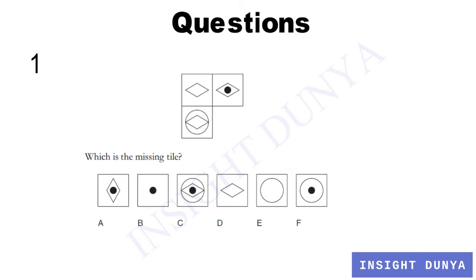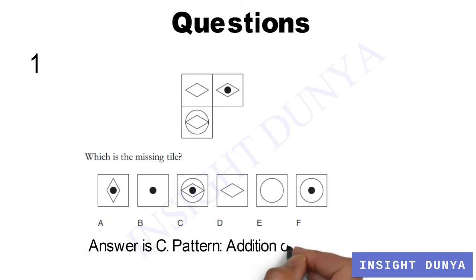So to find the missing tile, either look vertically and add a circle or look from left to right and add a black dot. And you can see that only option C fulfills this pattern. Therefore, C is the answer and the pattern is addition of circle or dot.